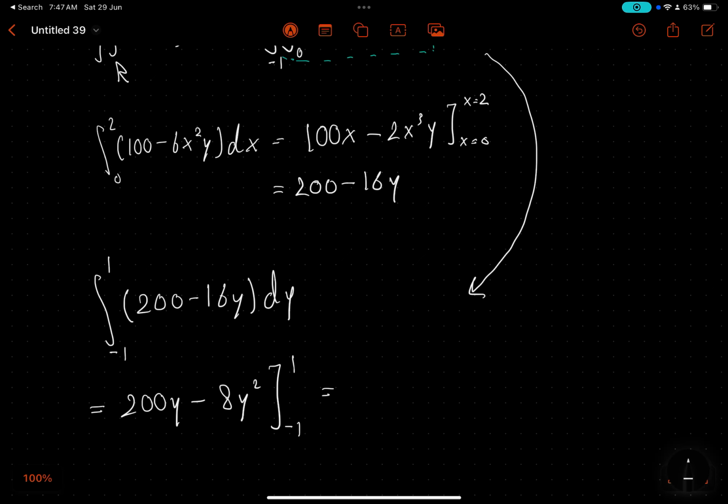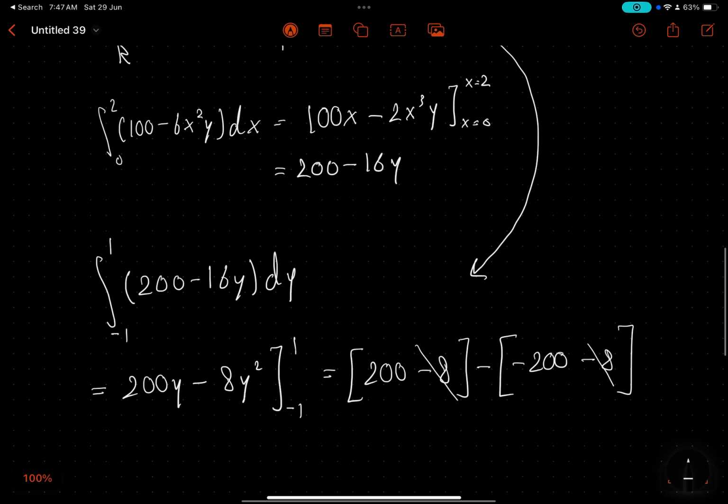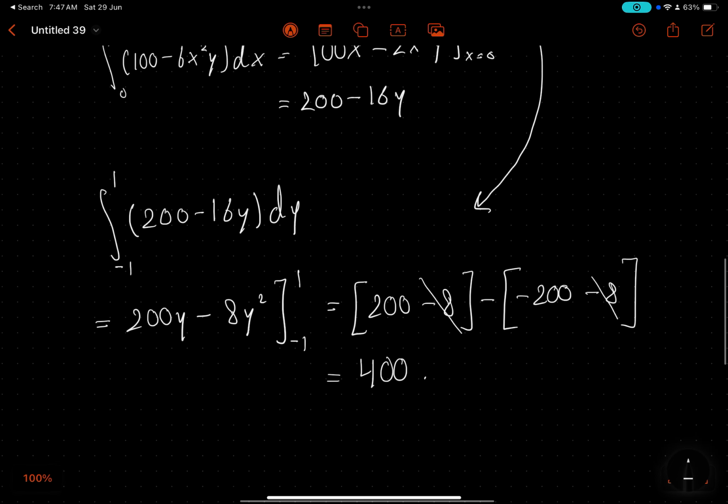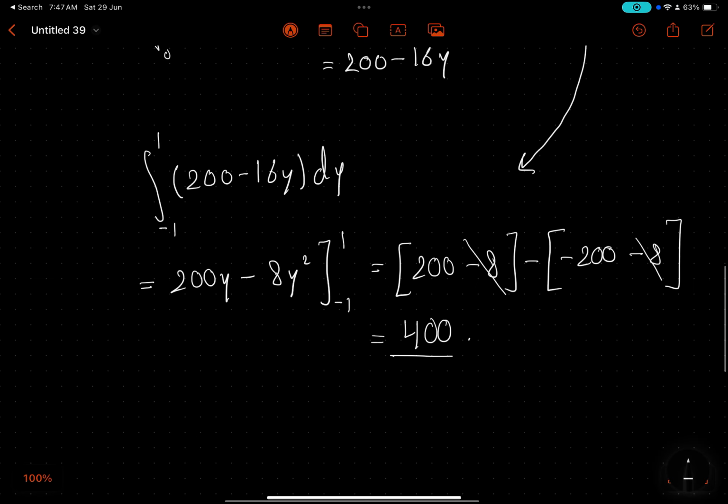Basically 200 minus 8, minus, negative 200 minus 8. So these cancel, and then we have the value to be 400. So the volume is 400.